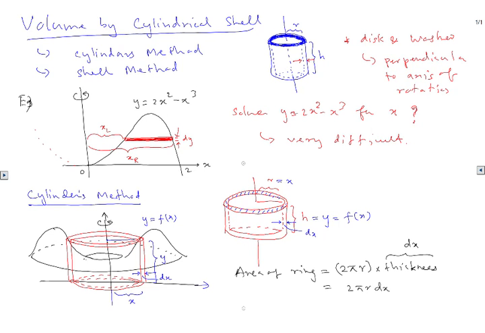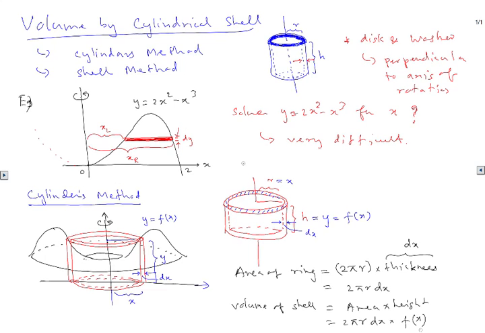So the volume of the shell is area times height. That means 2 pi r dx times h, which is the function f(x) in this case.